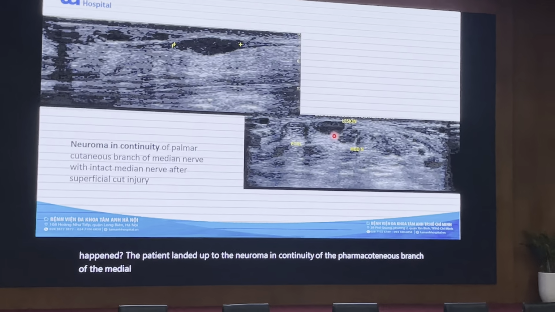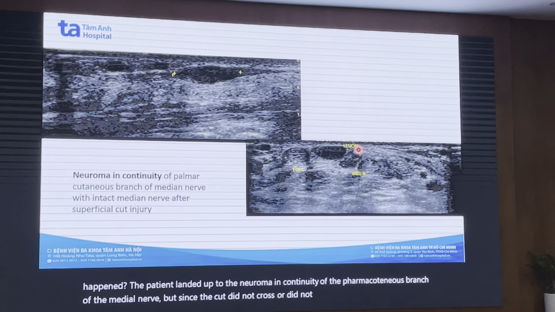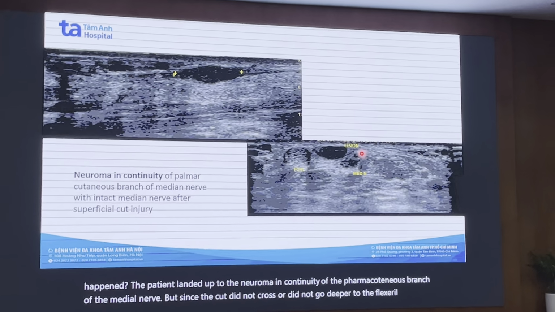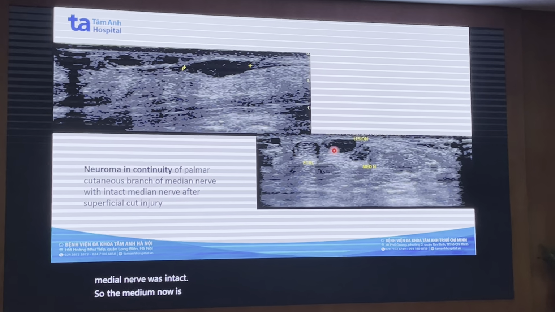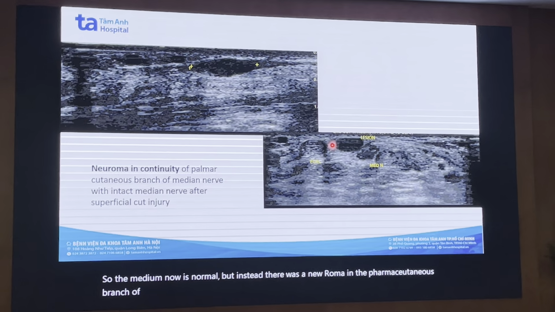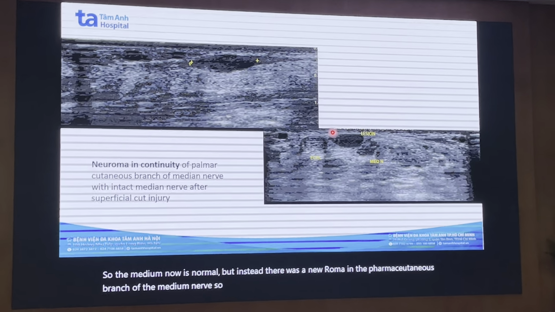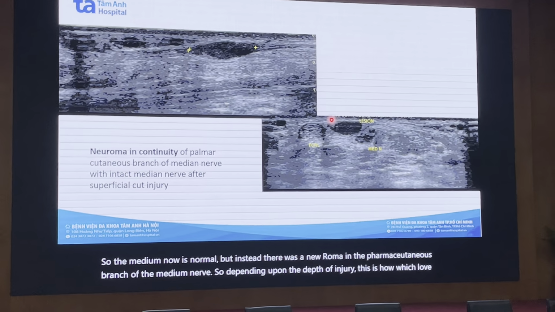But since the cut did not go deeper to the flexor retinaculum, the median nerve was intact. So the median nerve was normal, but instead there was a neuroma in the palmar cutaneous branch of the median nerve.